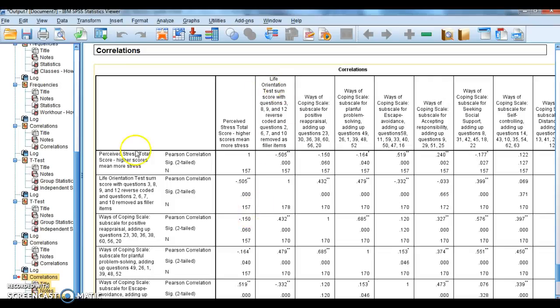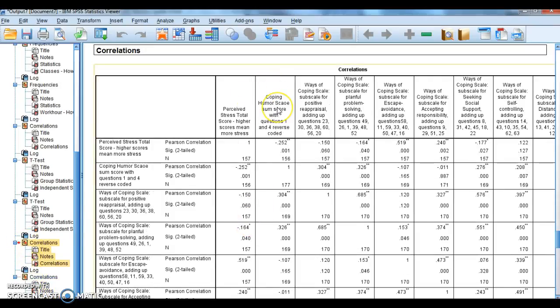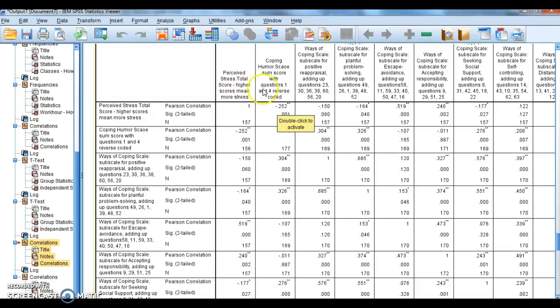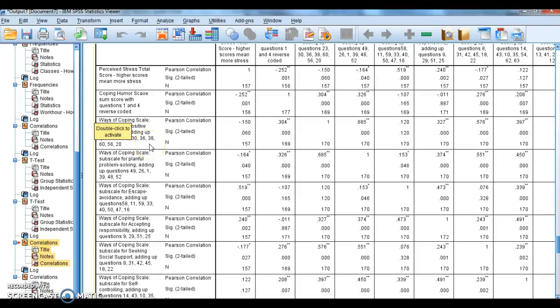Now let's look at humor. So the same thing, we're only going to have to look at these first two columns, so don't get overwhelmed by everything else. But you will see that people with higher humor have less perceived stress, and that is significant. When we look at the different ways of coping, let's use the same examples.